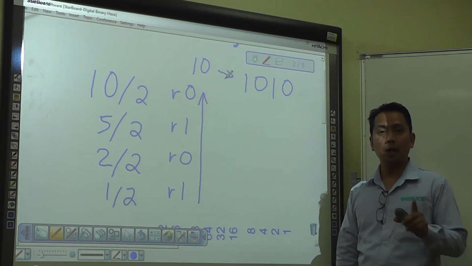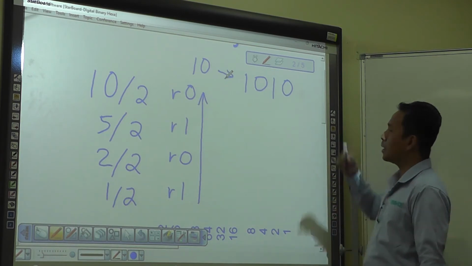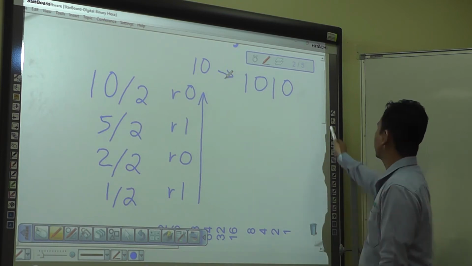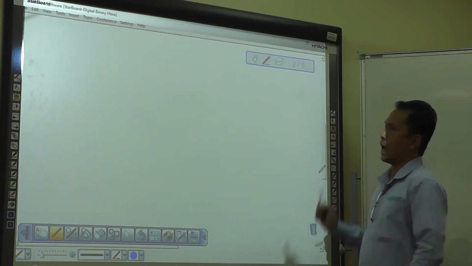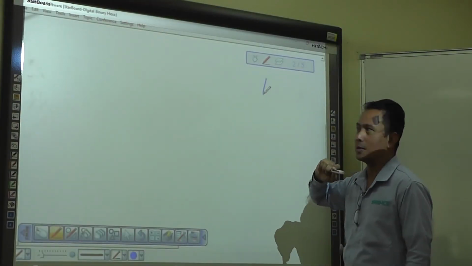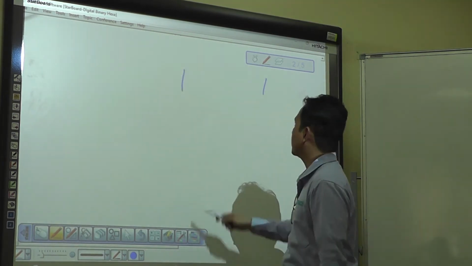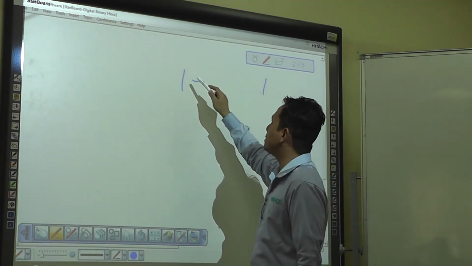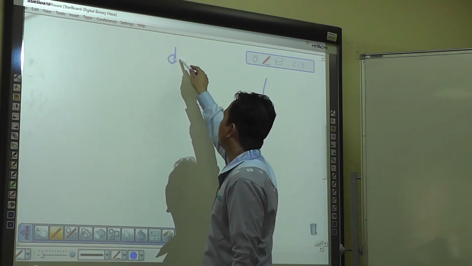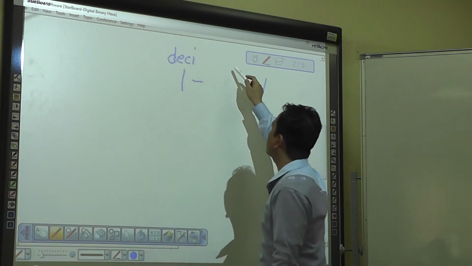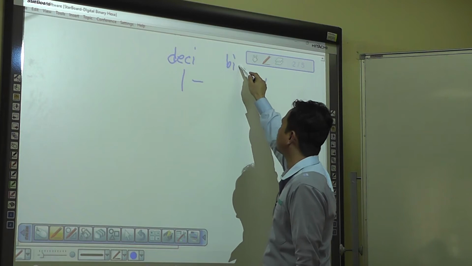Anyone who could give the numbers, for example, how can we represent the number 1 in binary? 1 is for the decimal, and this is for the binary.